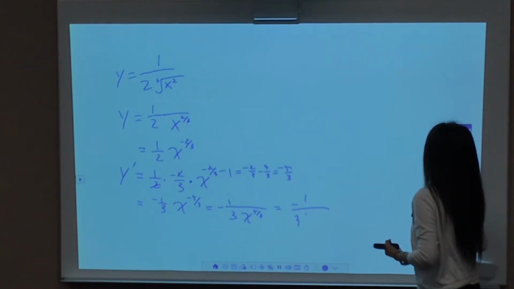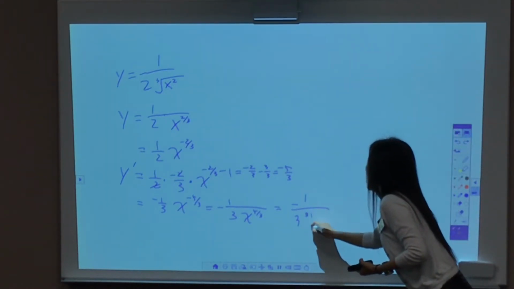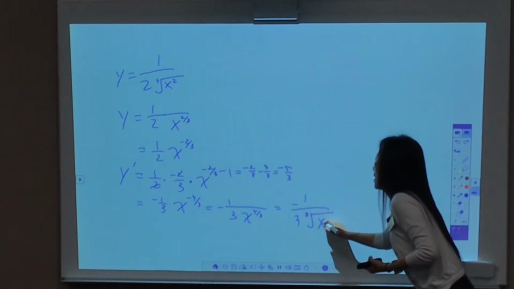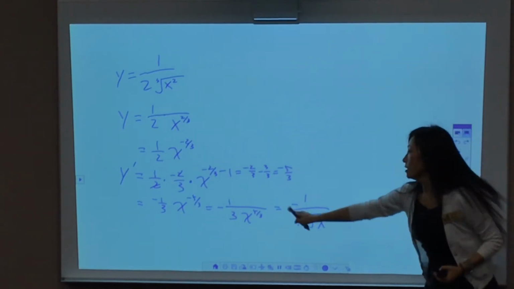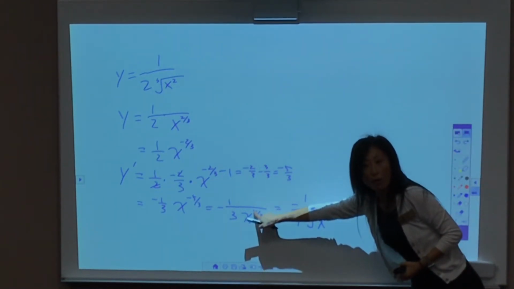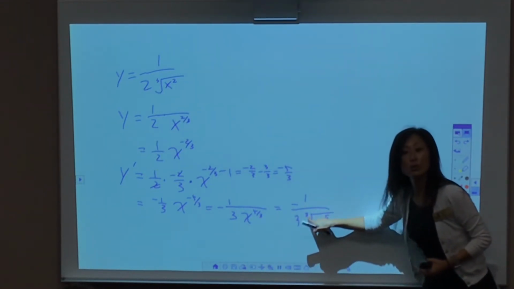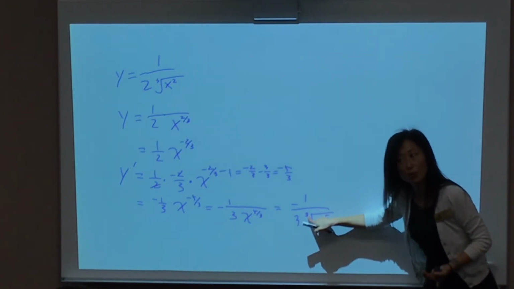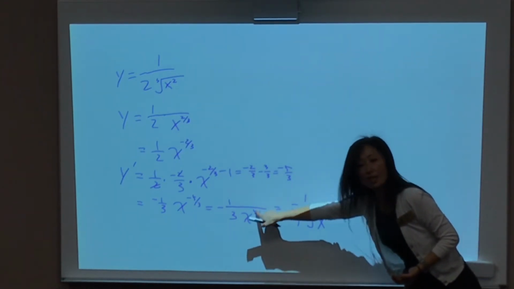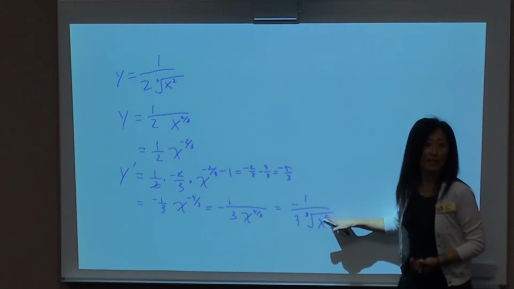I mean, to have a third and then x to the what power? 5. This is your power for x, and this is your radical. So the denominator gives you what kind of radical to use? 3, cube root. And this fifth gives you what power of x?